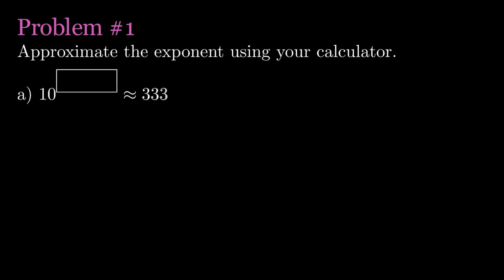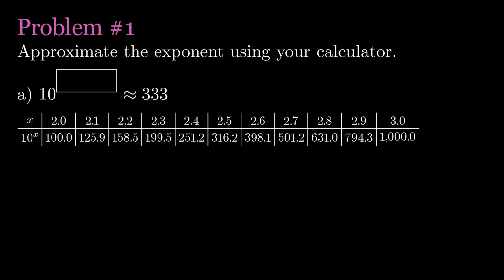We will create a table of values in which we will explore the exponents between 2 and 3 differing by a tenth. As you can see, the numbers to the left and to the right closest to 333 in terms of the values are for x equals 2.5 and 2.6.